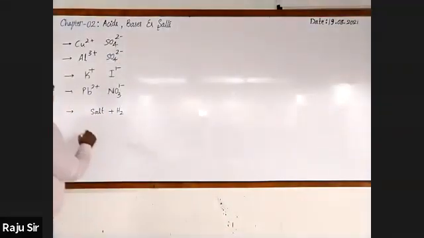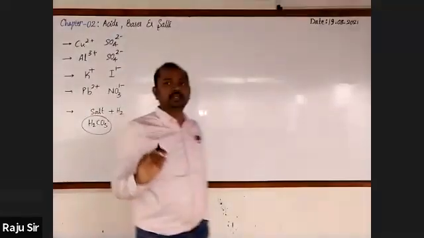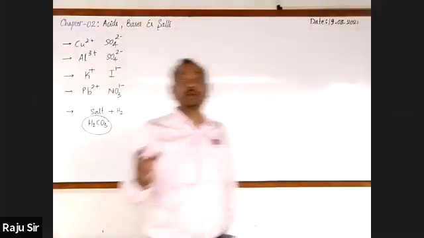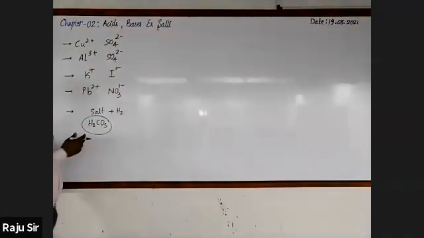It is carbonic acid, H2CO3. This is one of the weakest acids which does not react with metal. But other acids will react with the metal to produce salt with the liberation of hydrogen gas.